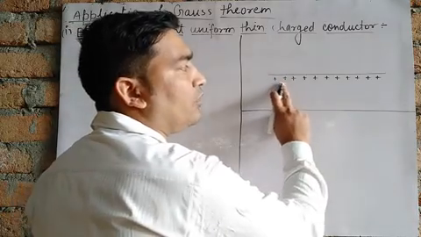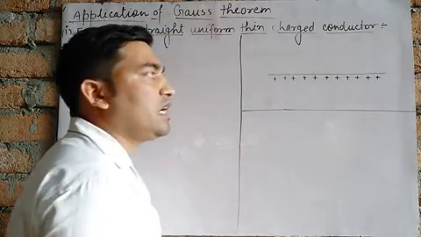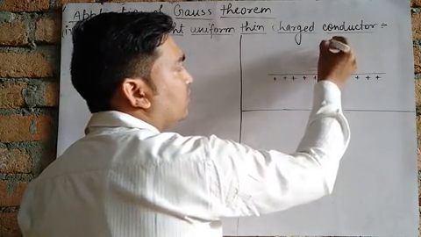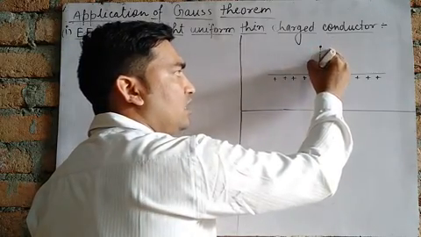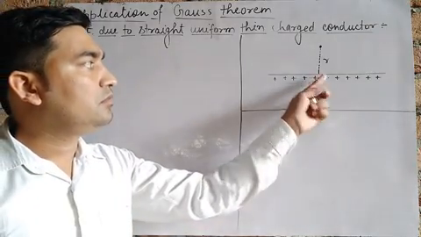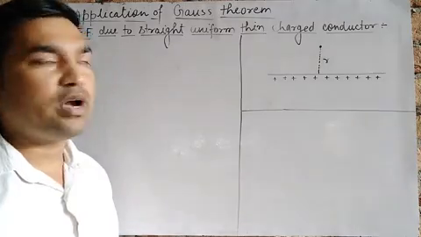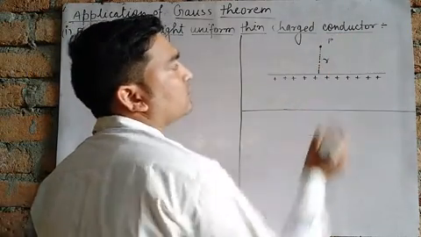We have to find the electric field due to this infinite uniformly charged conductor at point P, which lies r distance from the wire. The perpendicular distance from the wire to the point where the electric field is found is r.